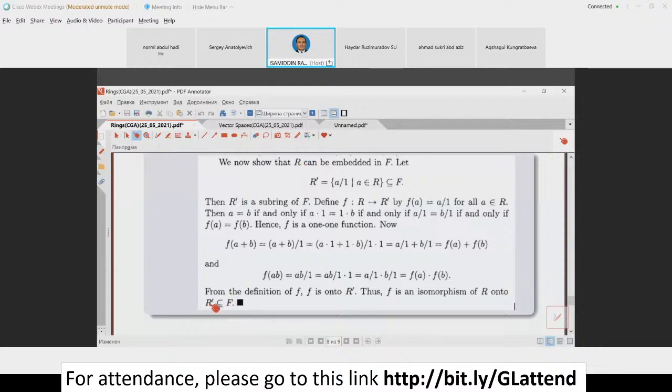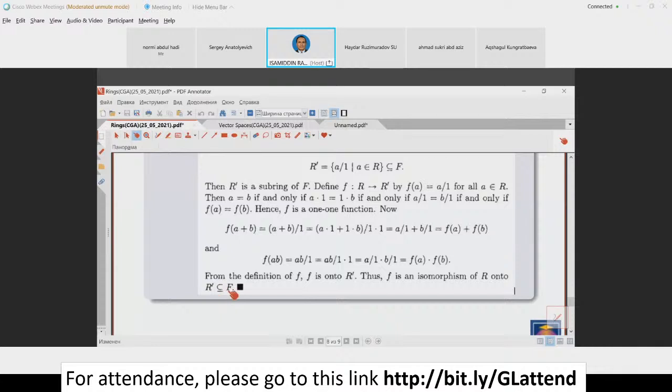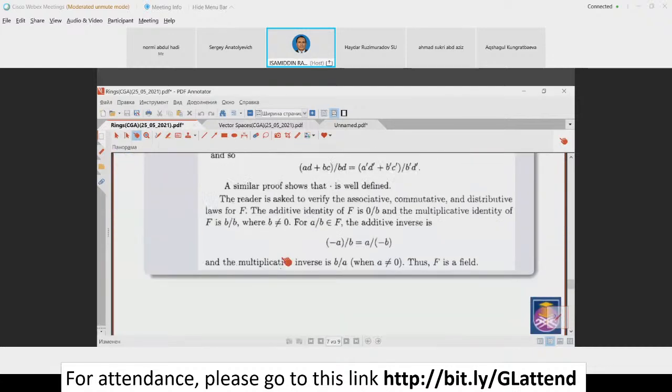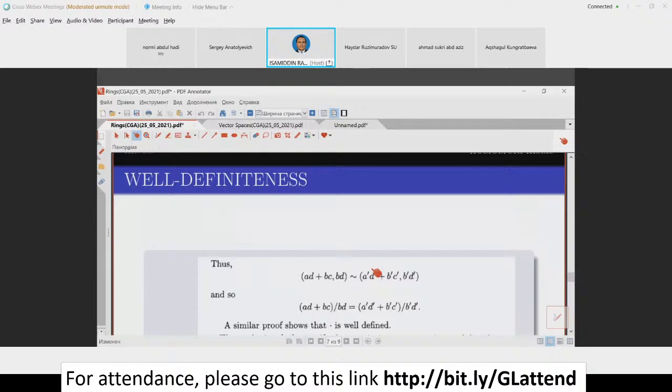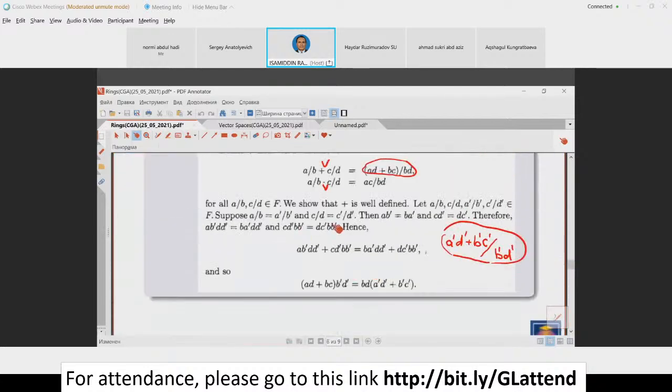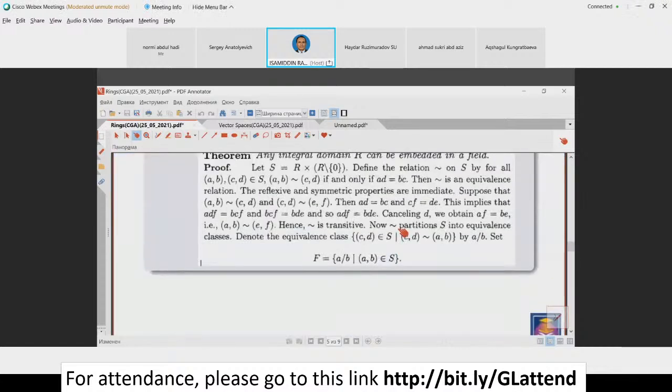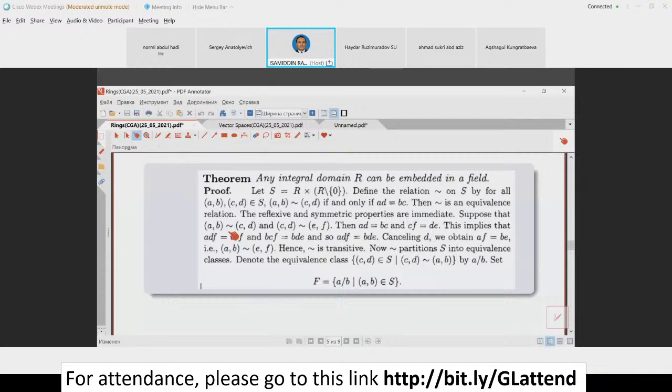R prime is a copy of Z in rational numbers. But for the copy, we have equivalent classes. So for the copy, we have the following rule. They are classes, they satisfy the following condition. They are equivalent according to this equivalence relation.